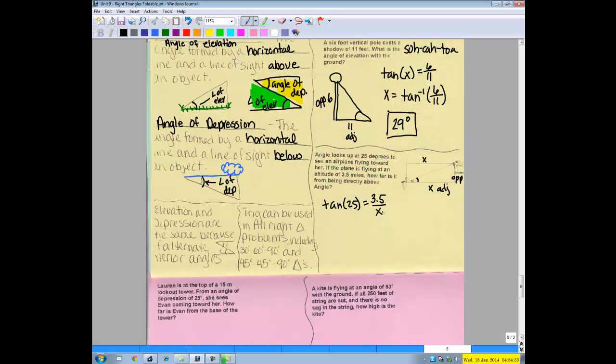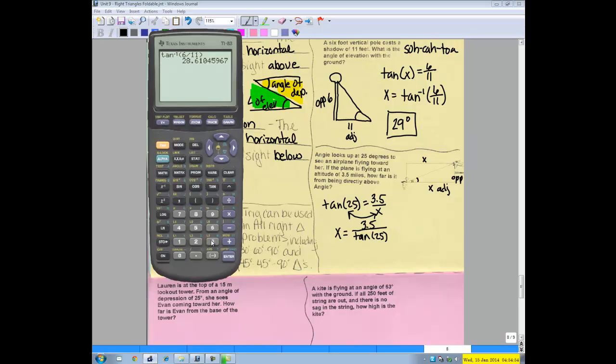And I told you guys, anytime that you have a variable in the denominator, you just simply switch these two. So x is equal to, wow, that's supposed to be tan, with 3.5 on top. So get out your calculator, and it is 3.5 divided by the tangent of 25.